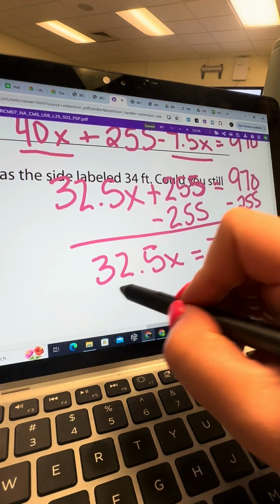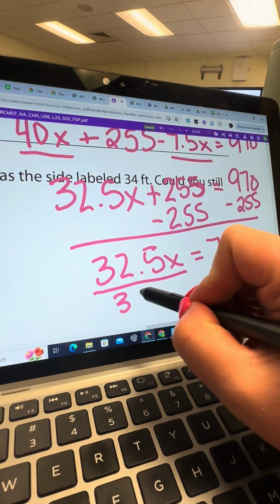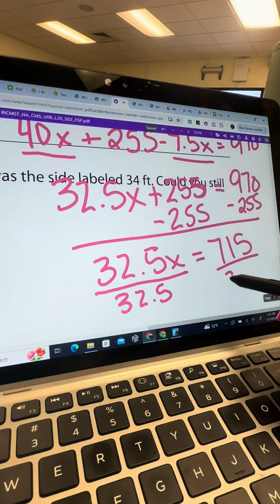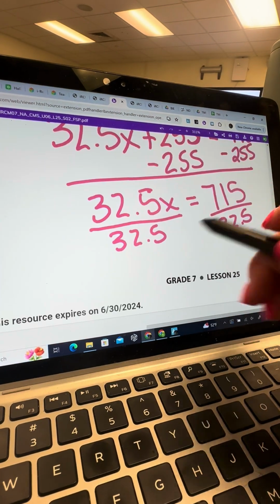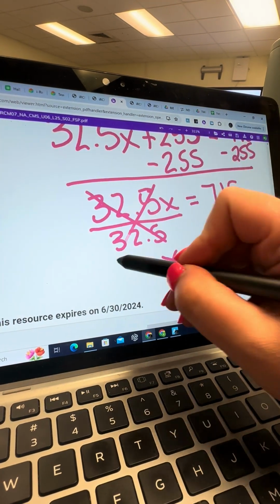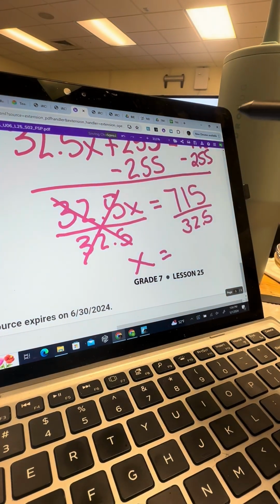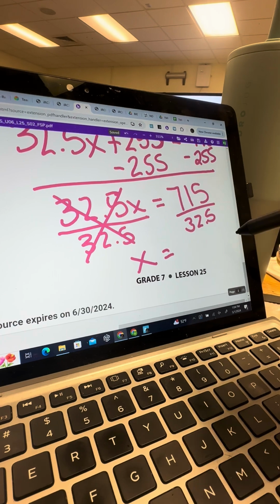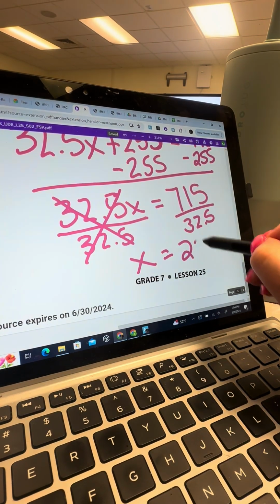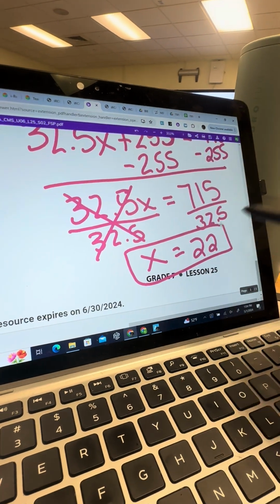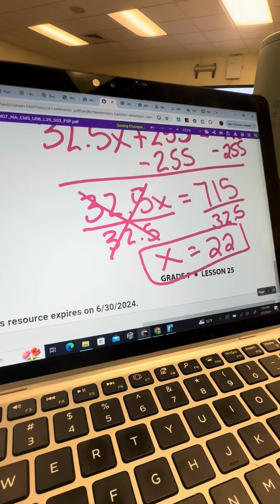My last step when solving for x would be to divide by 32.5. And these would cancel out. I'm left with x equals 715 divided by 32.5, which is 22. So x equals 22. I hope that helps.